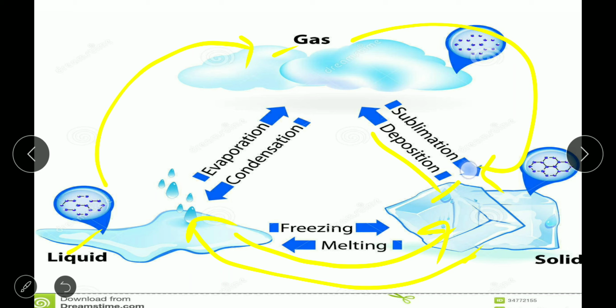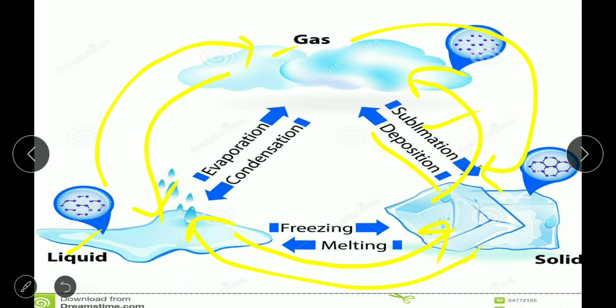And ice directly converted into gas vapor, meaning a solid directly converted to a gas, is called sublimation. An example is a naphthalene ball converting into a gas form.